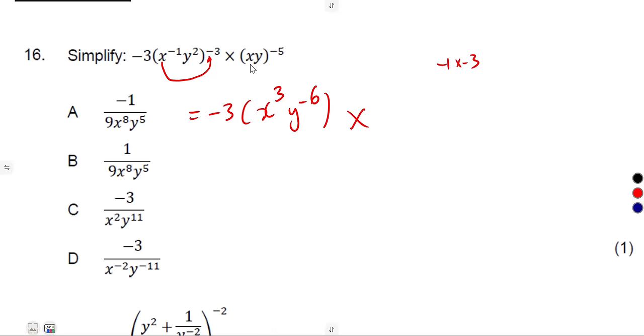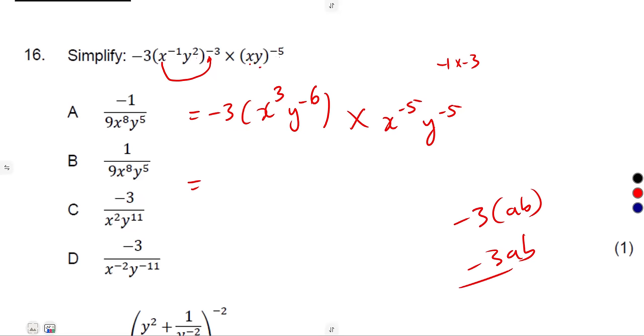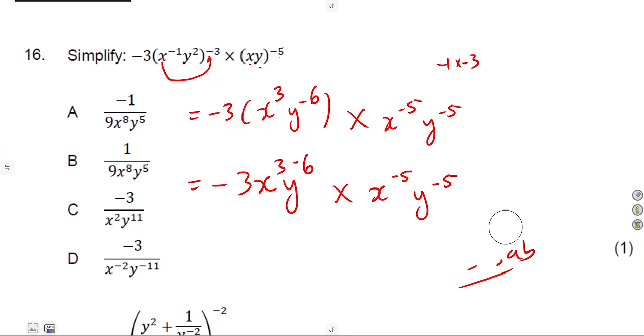Times the same thing, x to the exponent of negative 5, y to the exponent of negative 5. So the minus 3 is outside of the bracket. It can just multiply, guys. It's just like minus 3 times ab. It's minus 3ab. So what is the difference here? No difference. So it's minus 3x cubed y to the exponent of negative 6 times x to the exponent of negative 5 y to the exponent of negative 5.